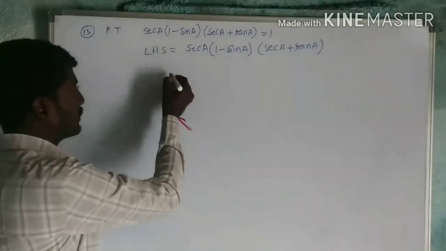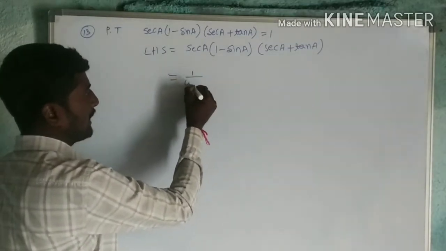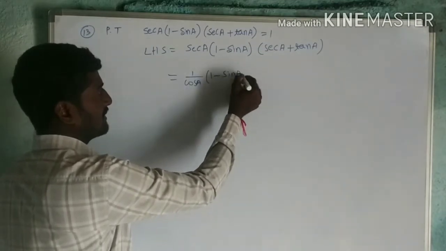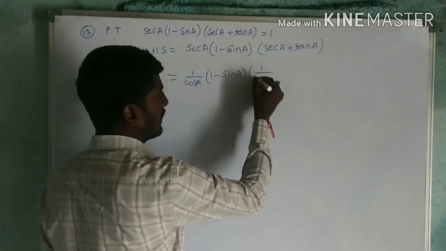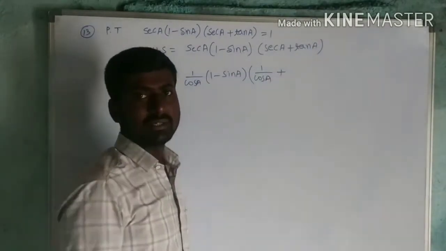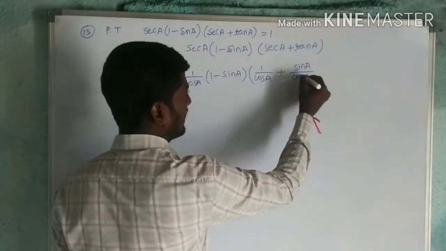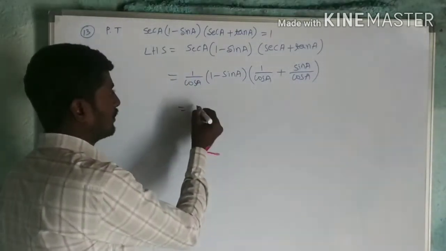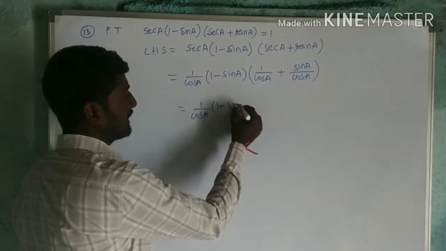Now this sec A can be written as 1 divided by cos A. (1 minus sin A) I will write as it is inside. Now this sec A can be written as 1 divided by cos A plus this tan A can be written as sin A divided by cos A. Okay. Now this is equal to 1 divided by cos A, (1 minus sin A).